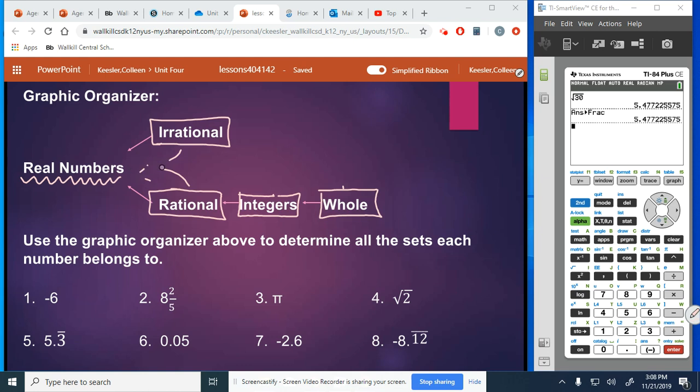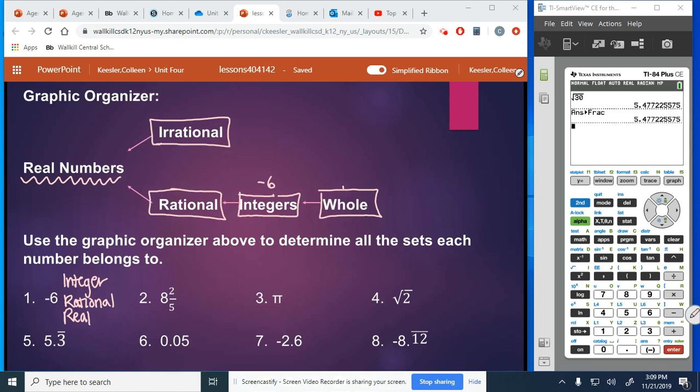So let's take a look at some numbers and see if we can figure out what categories they belong in. So starting with negative 6, I know negative 6 is an opposite of a whole number, so it is an integer. And since it's an integer, it is also rational and real. Then we have 8 and 2/5.